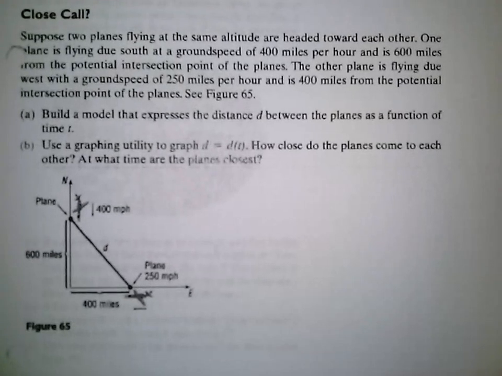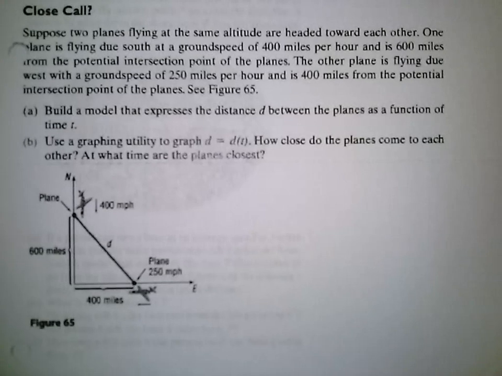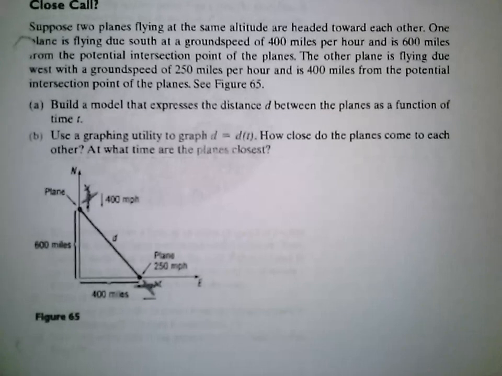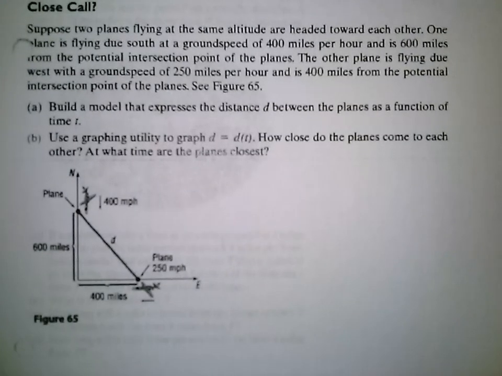Moving on to the planes problem. Suppose we have two planes that are flying at the same altitude and are headed towards each other. One plane is flying due south at a ground speed of 400 miles per hour and is 600 miles from the potential intersection point of the planes.